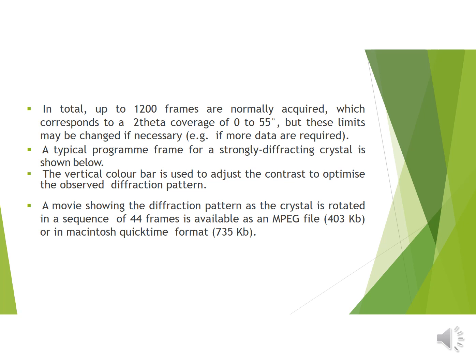Here a movie showing the diffraction pattern as the crystal is rotated in a sequence of 44 frames is available as an MPEG file of 403 kilobytes or in Macintosh QuickTime format of 735 kilobytes. So for different software programs we require different numbers of frames that are used in the MPEG file or in Macintosh QuickTime format.